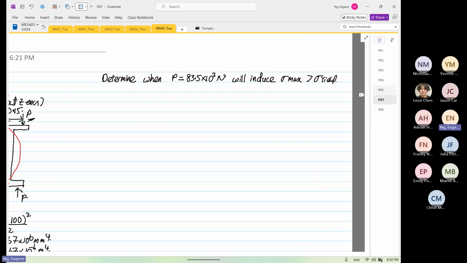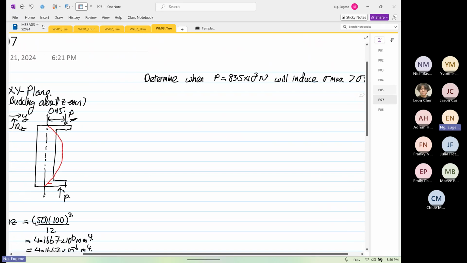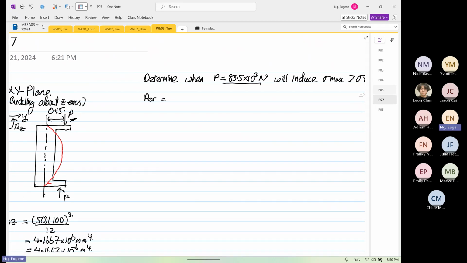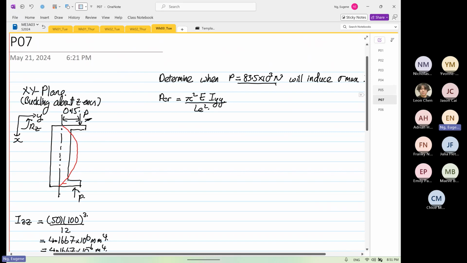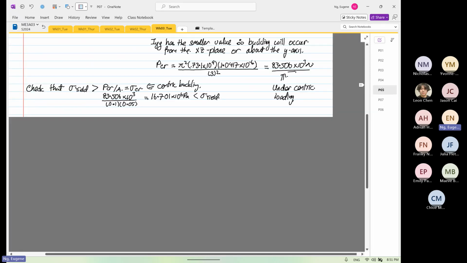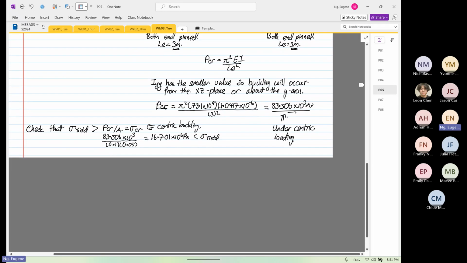What is the value now? Now this becomes our P, so P now becomes 83.5. Now our PCR, because of the axis that we are looking at, becomes pi squared E times IYY over LE squared. So what happened is, over here we found that this is our PCR under centric buckling.